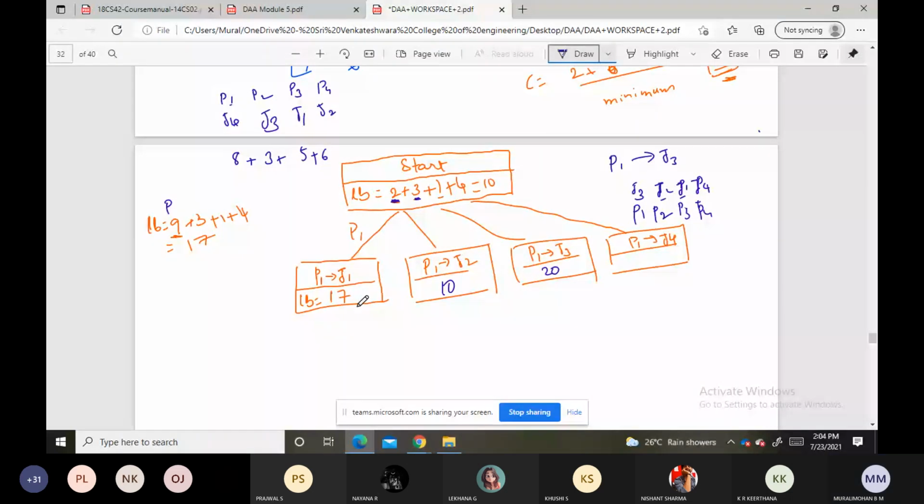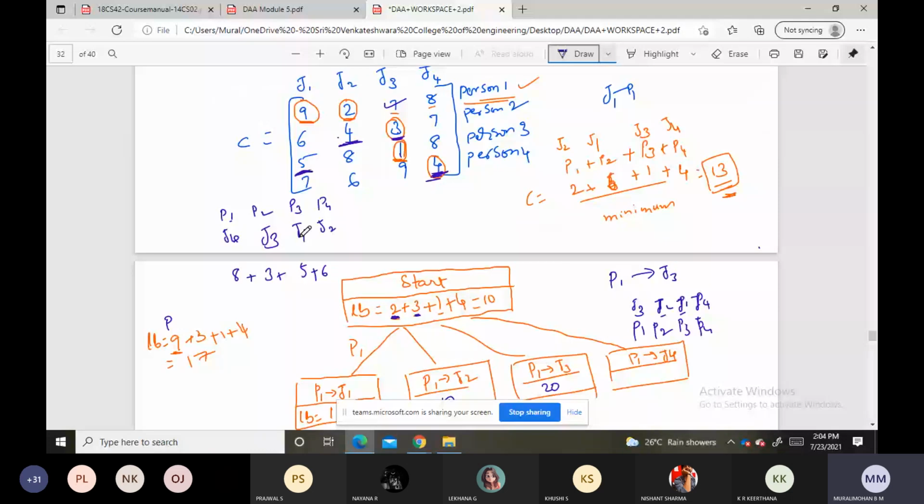Somewhere we are missing. Person 3. Just observe here.